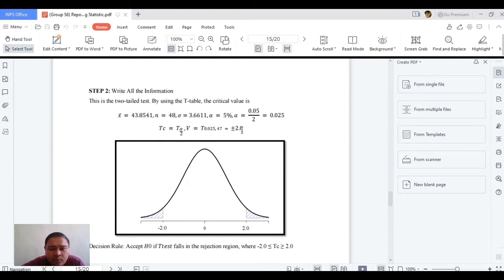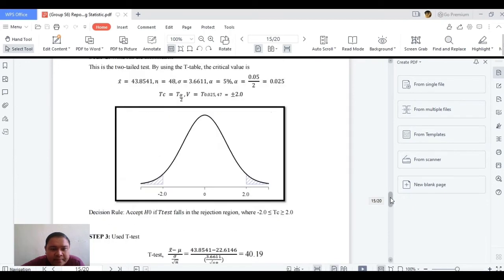We get plus or minus 2.0. So this is the graph, with negative 2.0 and 2.0. This is the decision rule: reject H0 if the t test value falls in the rejection region, where it is less than negative 2.0 or more than 2.0.